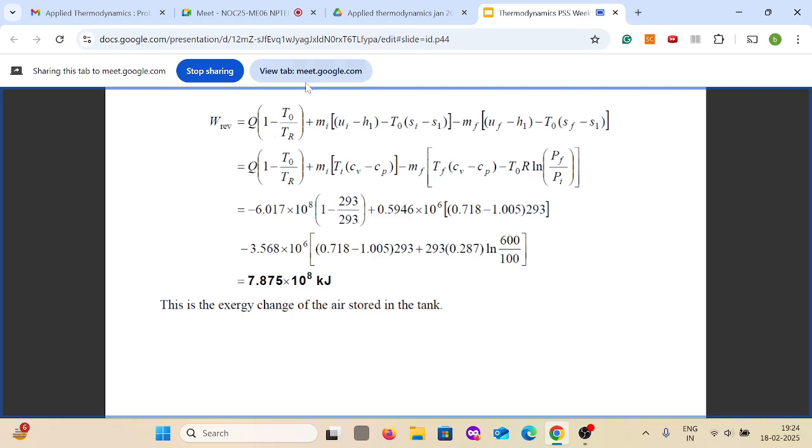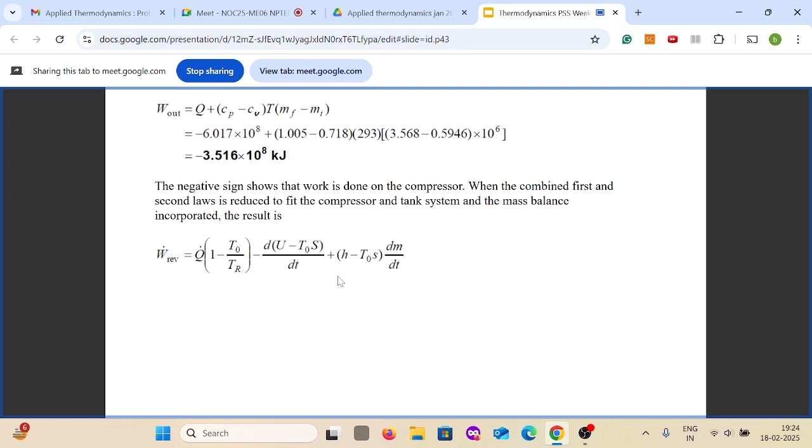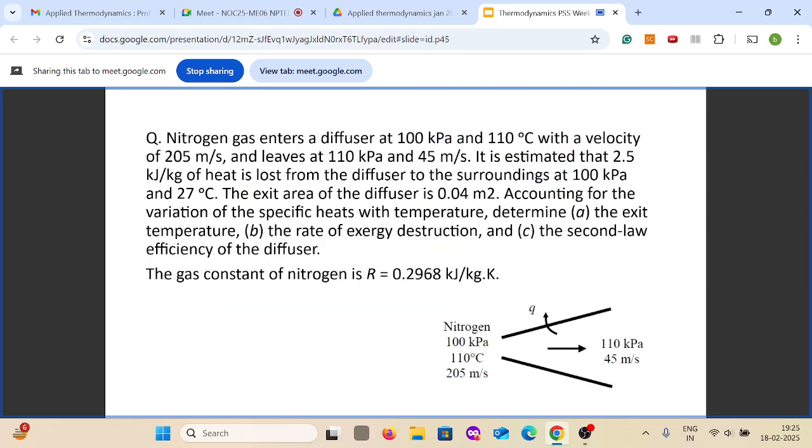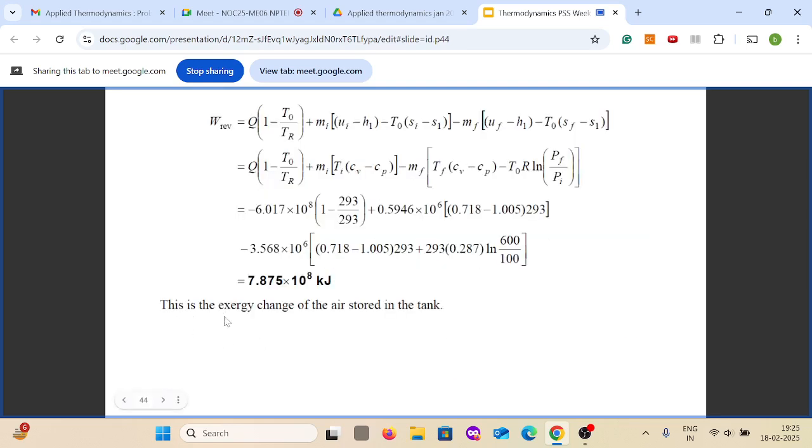So writing U and H in terms of Cp and Cv, and substituting the values, I get W reversible is 7.875 into 10 power 8 kilojoule. So this is the exergy change of the air stored in the tank.